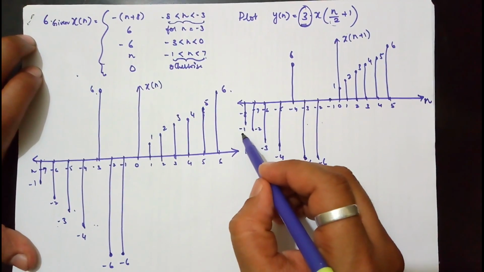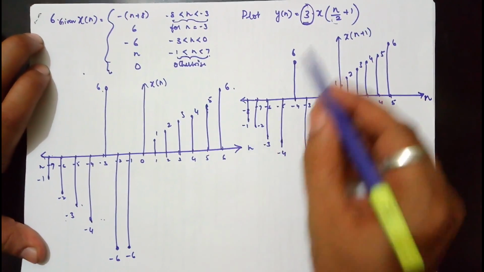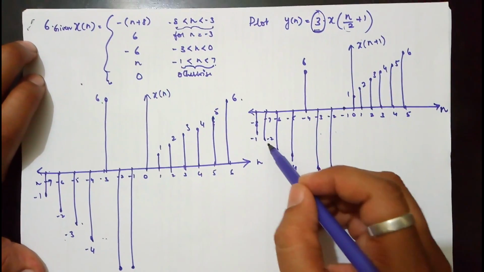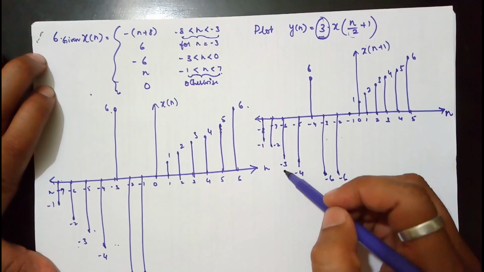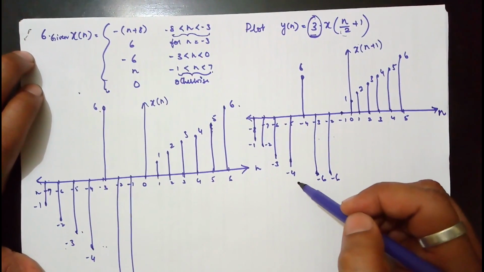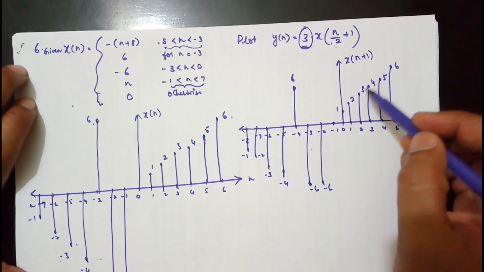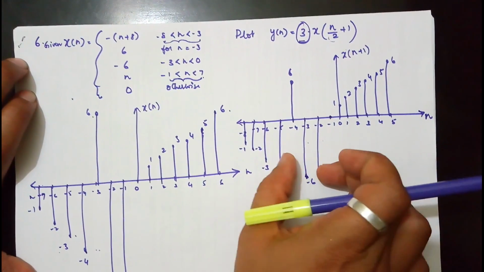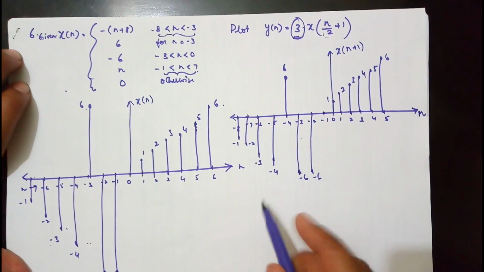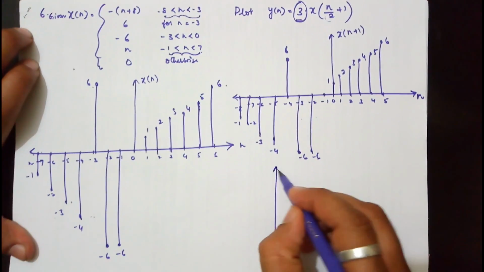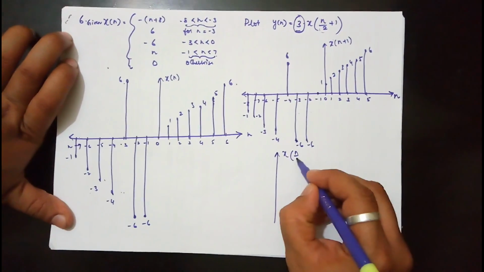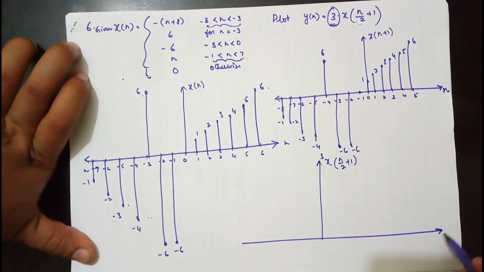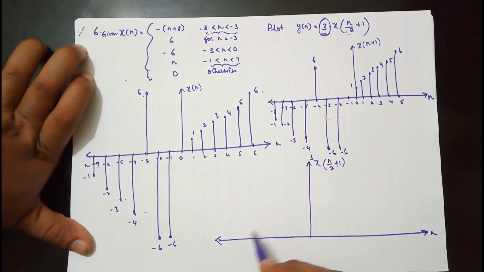So all the sample values, minus 1 will be multiplied by 3, that is you will get minus 3, minus 2 will be multiplied by 3, minus 6, minus 3 will be multiplied by 3, that you get minus 9. So all the amplitudes will get multiplied by 3, and my waveform will get expanded by the factor 2. So the final waveform x of n by 2 plus 1, that is 3 times, will look like this.